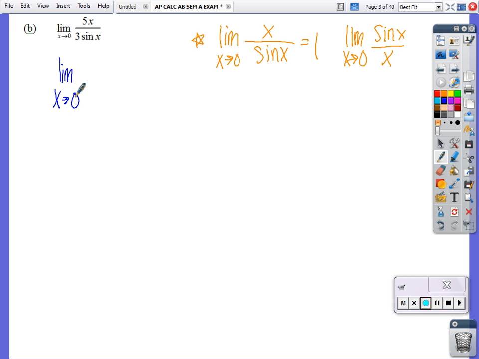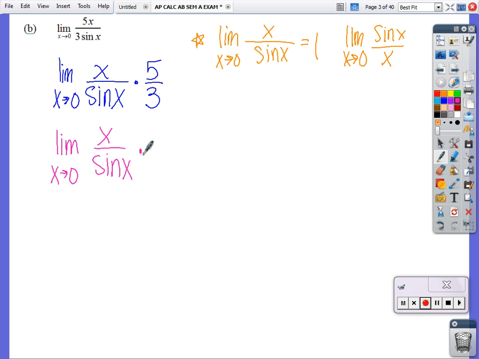It's 5 times x and then 3 times sine of x, so we are going to break up the fraction into a product, which is the same exact thing as the original problem, but it makes it a little bit easier to see that you're actually taking the limit as x goes to 0 of x over sine of x, and then multiplying it by the limit as x goes to 0 of the constant 5/3.